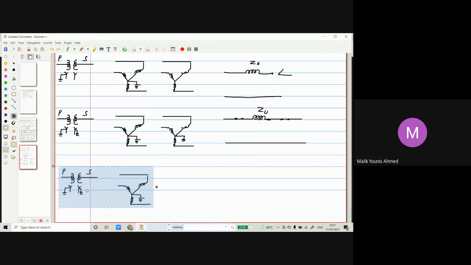Okay, now what I have here is star connected neutral grounded on the primary side and delta on this side. This is delta. Star connected neutral grounded. I will draw a delta here. Let me draw the delta.